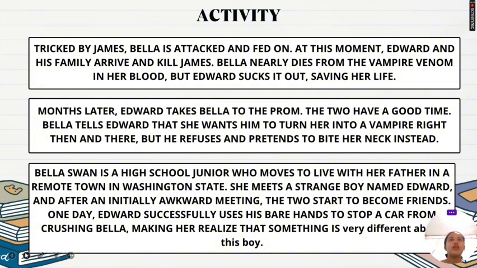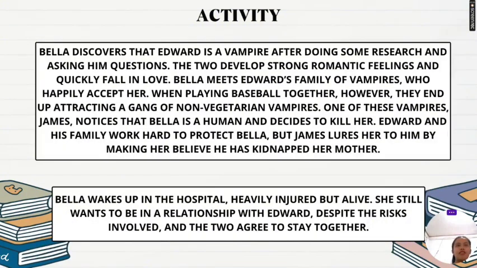Okay. All right, so let's proceed to the falling action. All right, correct. So the answer for the falling action is the 5th slide. Bella wakes up in the hospital heavily injured but still alive.